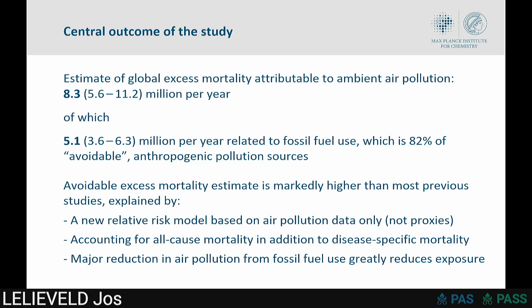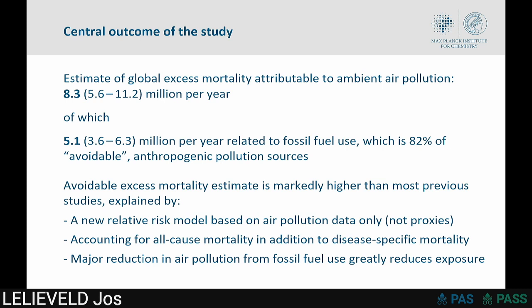It's not that people die from air pollution. People usually die from multiple causes, but this is what is being attributed. So an excess mortality is the mortality that happens in a particular year that would not have happened in the absence of exposure. So it's good to have the definition straight.